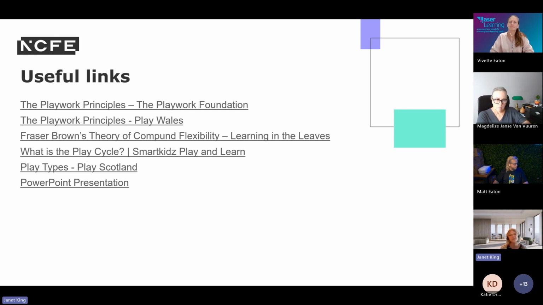So you've got things there that you can explore, that you can use as part of your teaching and learning, but for all of those things, you're probably going to be able to find examples of short video clips, something in an illustration when it comes to the principles and the cycle for play. That's something that's quite interesting. That'll be quite interesting for you to share with your students as well.